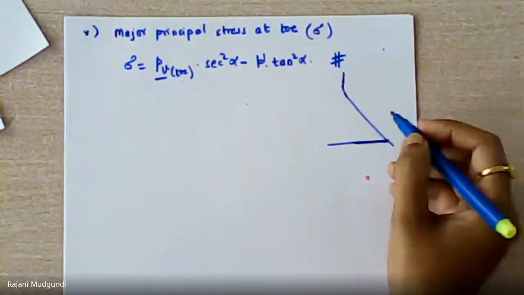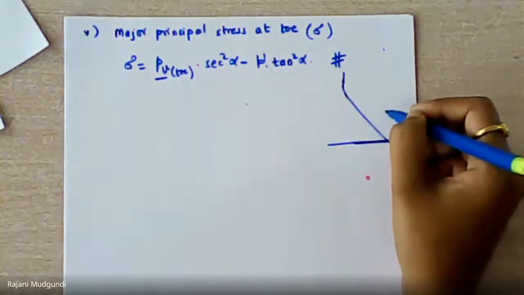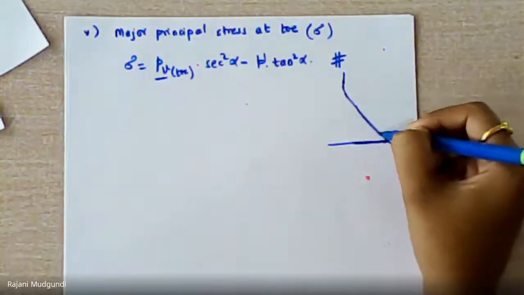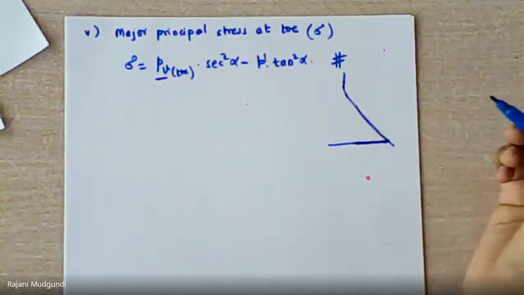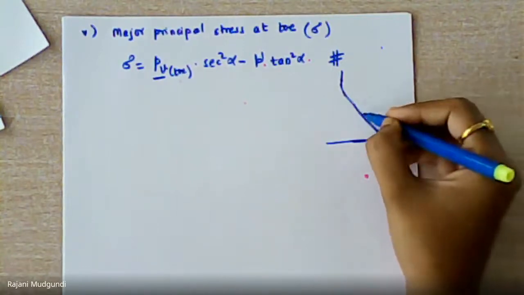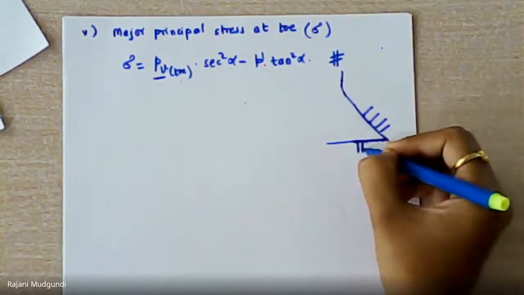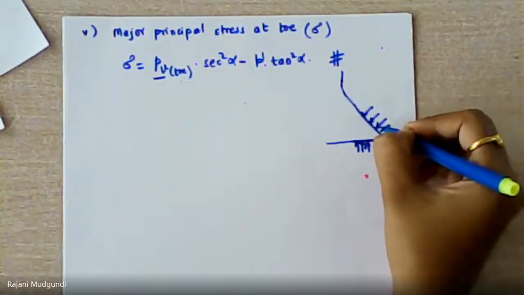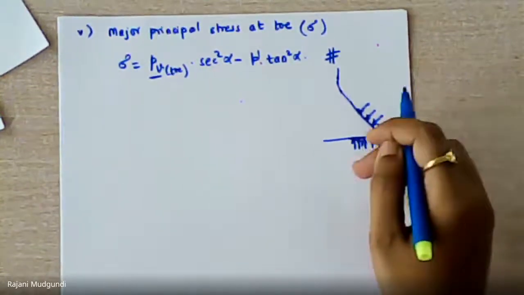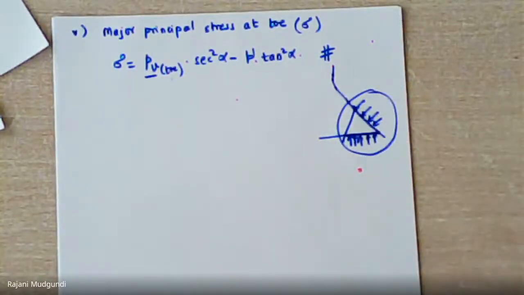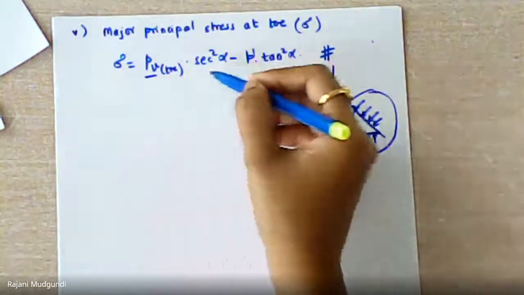So at the top you can observe this. For the calculation of major principal stress, this plane is considered as the principal plane in which shear stresses are zero. By taking all the forces acting on these faces, if you resolve the forces in horizontal and vertical direction for this triangular portion, with the help of this, the formula has been derived.